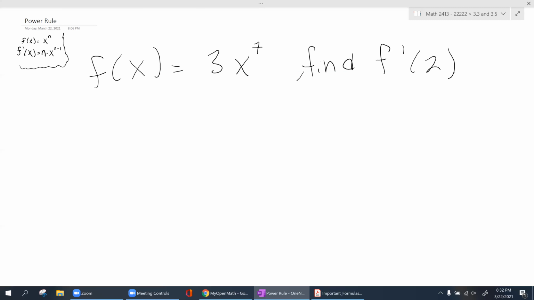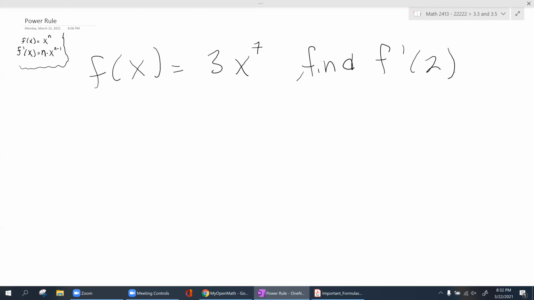If I ask you, this is your function, I want you to find f prime of 2. What you're going to do here is first take the derivative. Once you find the slope function, you're going to plug in 2.